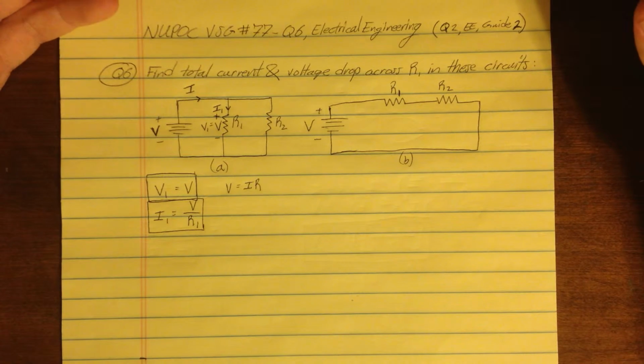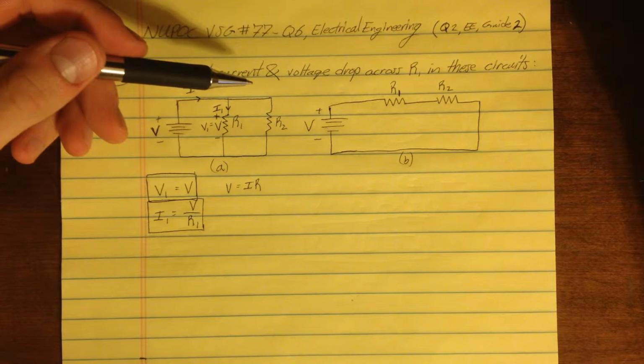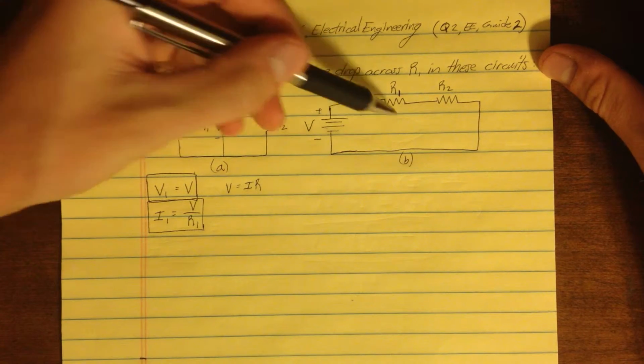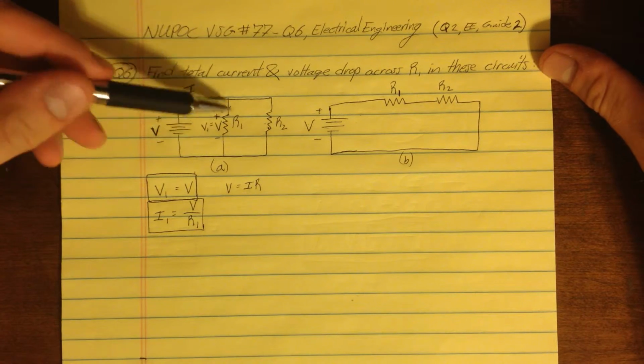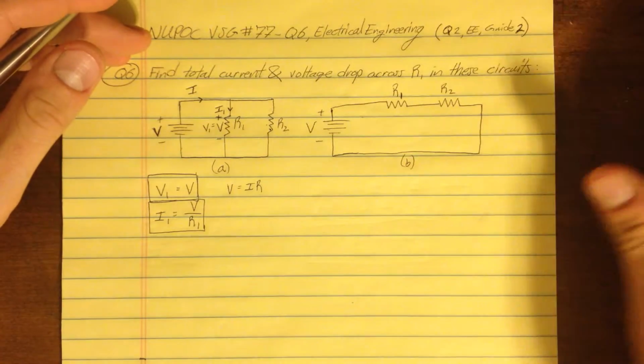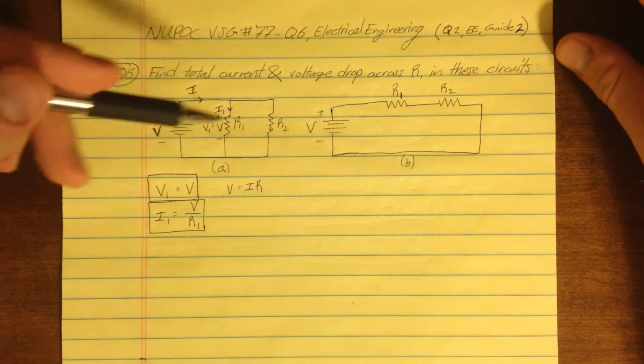That's pretty straightforward. We didn't even have to deal with R2 at all. They might give you a problem where you have 10 other resistors out here, all in parallel. If they're asking about R1, don't worry about all those resistors going off to the right.